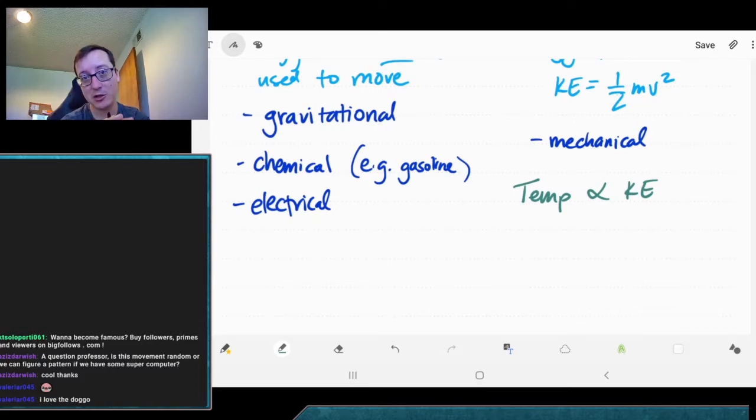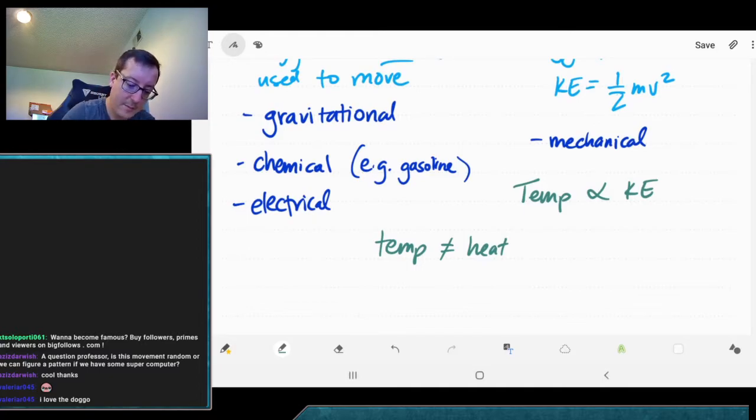When we talk about temperature, we're talking about average kinetic energy. So just so you know, temperature is not heat in chemistry. In lay terms, yeah, you can say it's pretty hot outside, there's a high temperature. But really what that means is that it's not that the molecules in the air have a high heat, it means that they have a high kinetic energy. So they're moving more quickly. Temperature is in fact how quickly things are moving.